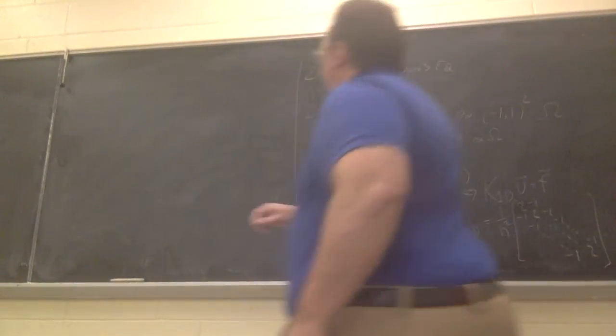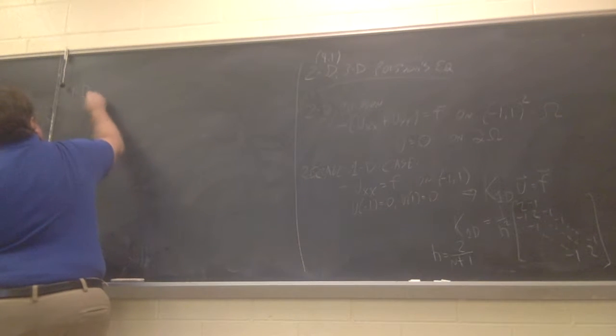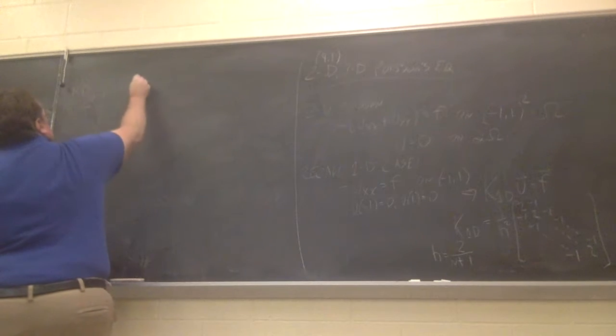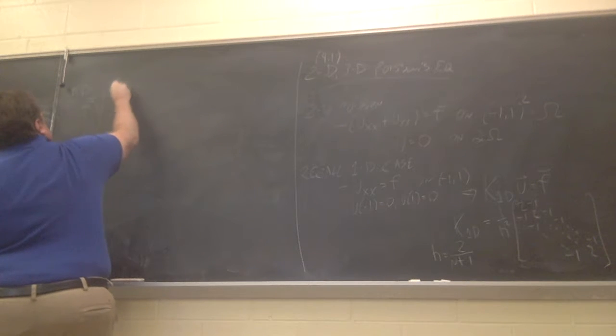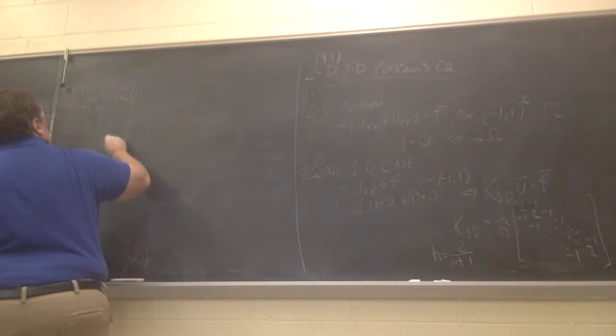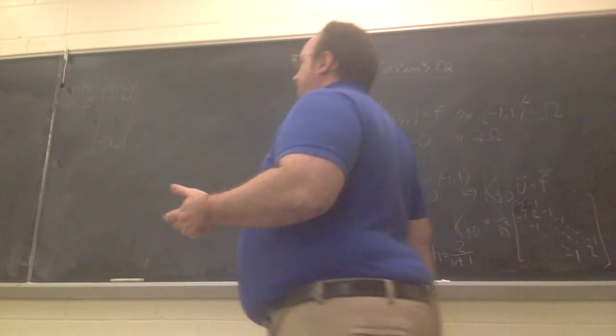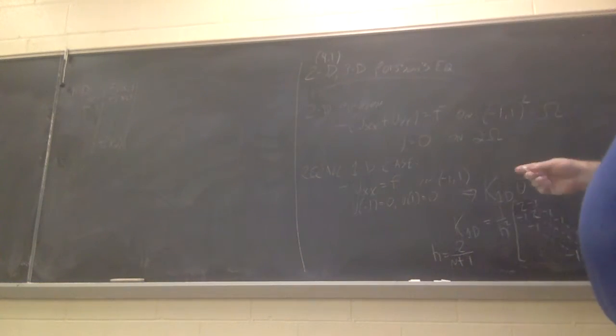Now, in 1D, look at the right-hand side F. Relatively straightforward. It says the values of your right-hand side of the PDE at your grid points, in whatever interval you have, like from minus 1 to 1 in this case.